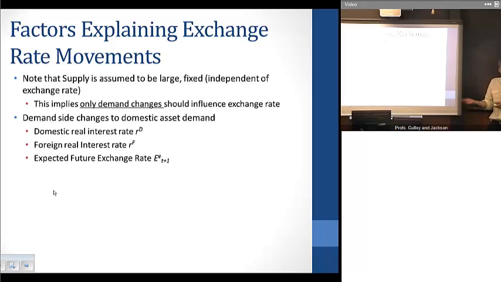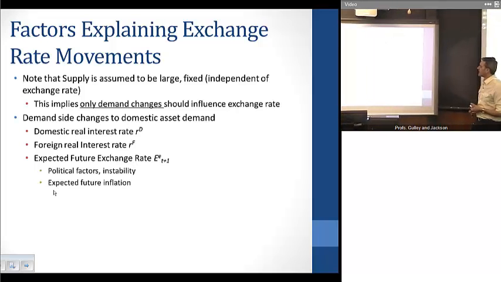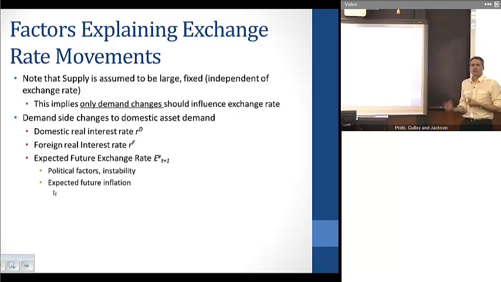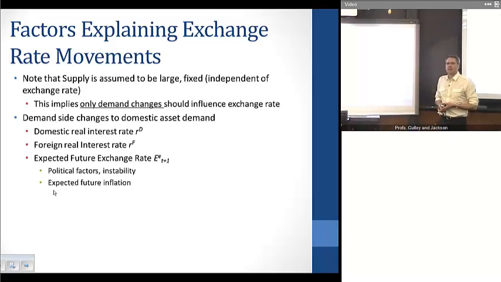Likewise, if the foreign real interest rate is changing relative to the domestic real interest rate, that's going to affect the demand. And expected future exchange rate movements, that's also going to affect the current demand for domestic assets. And so this can be driven by things like political factors, instability in the economy or the government, and as we'll see later on, it can also be driven by expected future inflation.